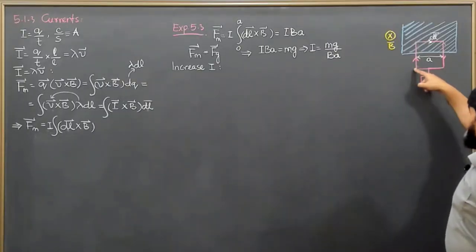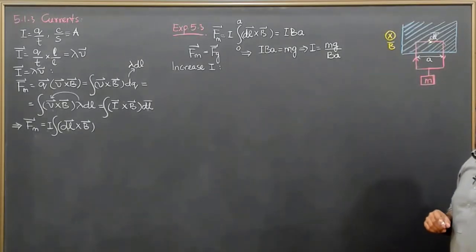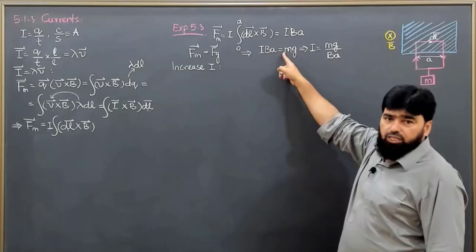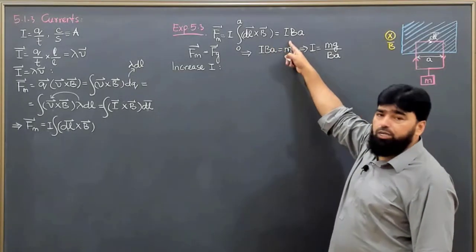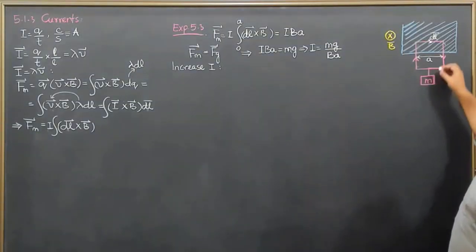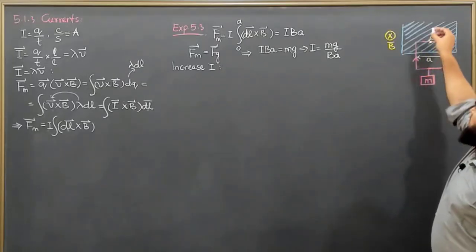When current is increased here, what will happen? The balance will be affected, and the magnetic force will become more than the weight, the hanging weight. And as a result, this mass will be lifted a bit up.